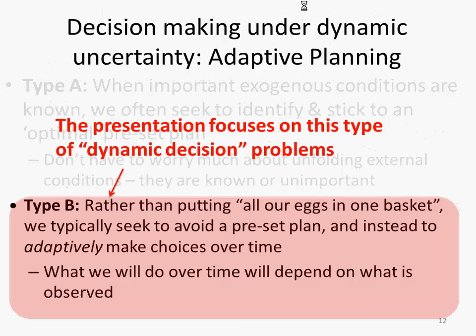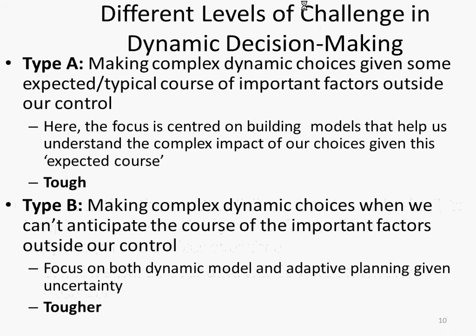in the problem confronting us here, instead we have a different type of problem. And these are my labels, type A, type B. It's not a particularly privileged designation. I call these dynamically complex decision problems. With these problems, the second type, we're trying to make decisions, but the trade-off between those decisions depends hugely on what's going to go on outside of our control, things outside of our control that we can't predict ahead of time.